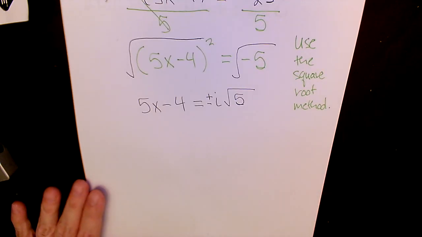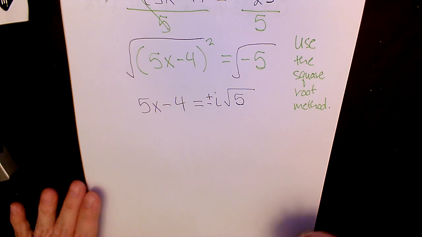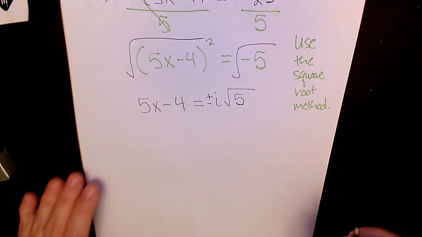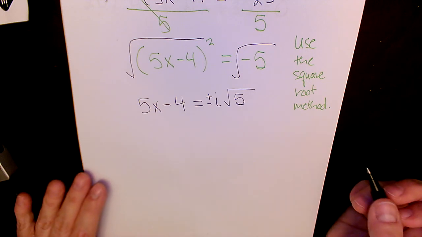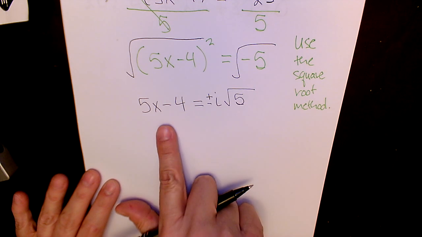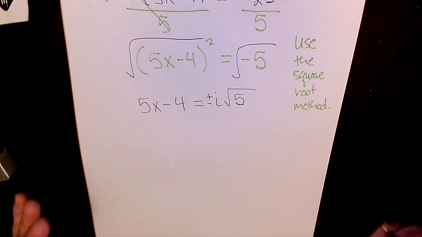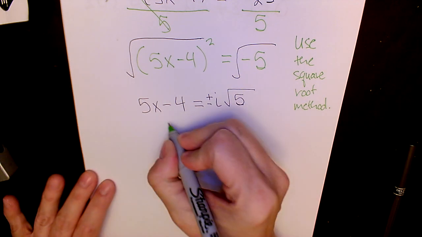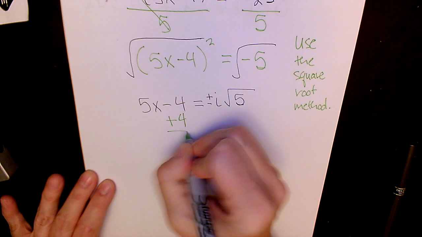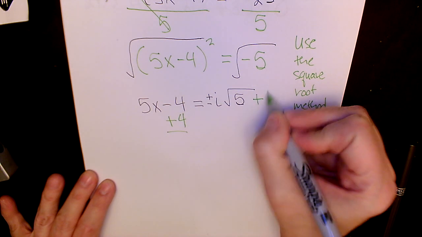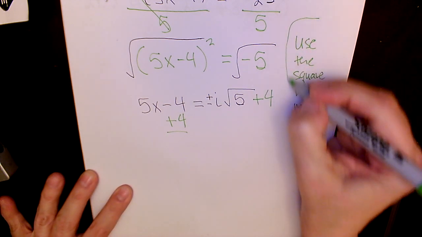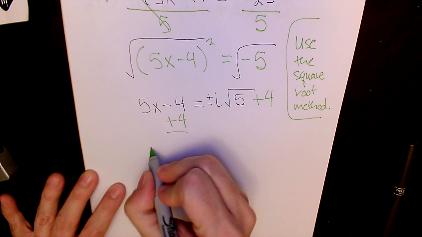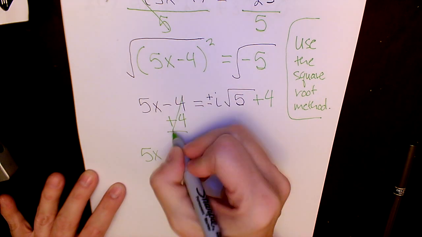So let's finish it off. And just a regular solve. I'm going to add 4 to both sides. These go out.